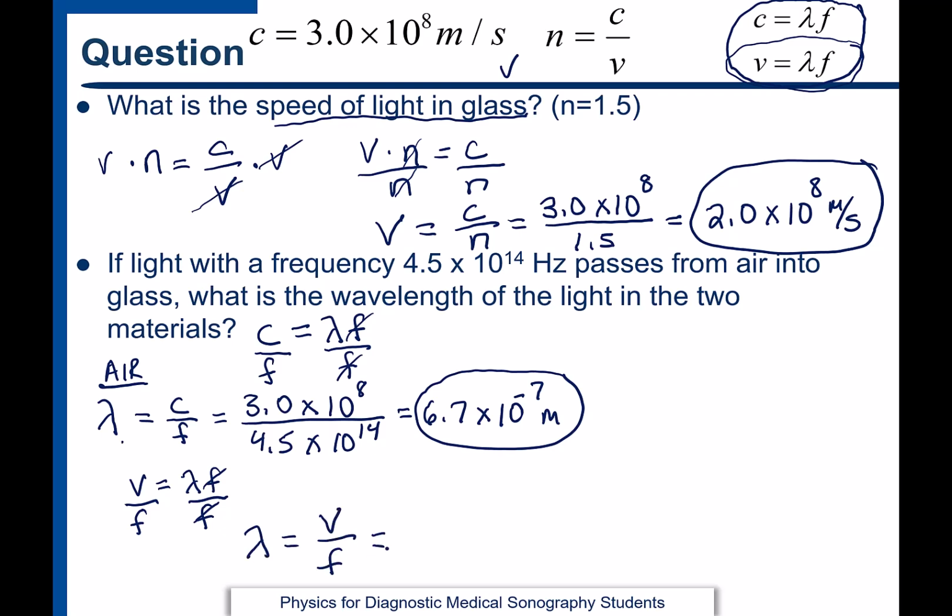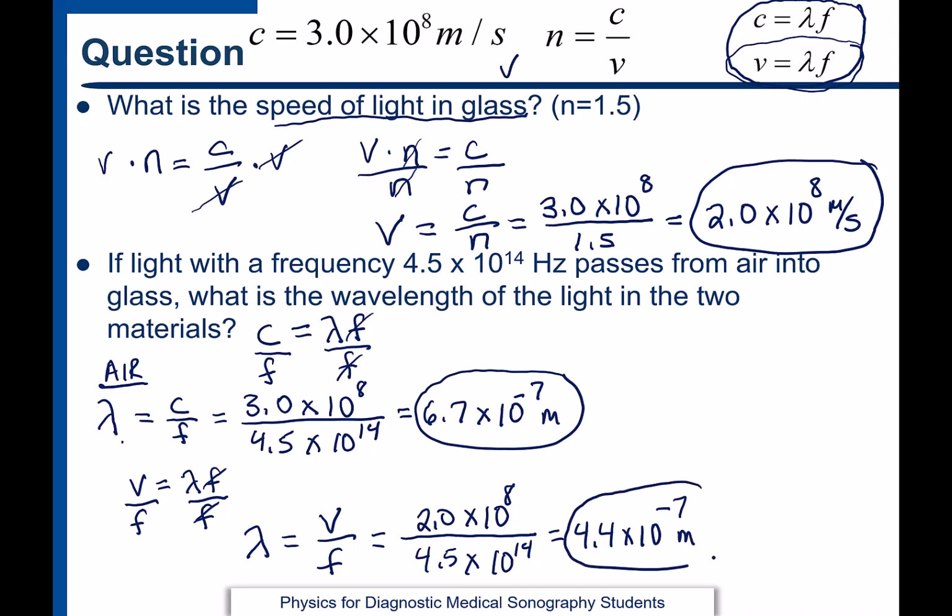So remember, the frequency doesn't change, so it's the same frequency, but we're now dividing into the speed in glass, not the speed in air. And that was 2 times 10 to the 8th. And we're going to divide that by the same frequency of 4.5 times 10 to the 14th. And if you do that, you should get 4.4 times 10 to the negative 7th meters.